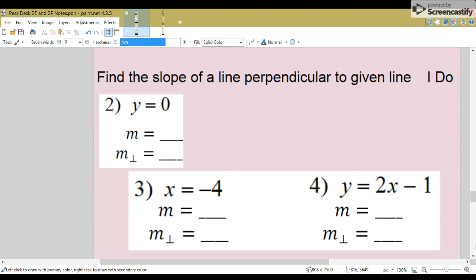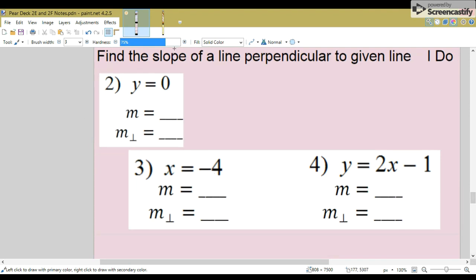Write this one down in your Pear Deck foldable. Find the slope of a line perpendicular to the given line. y equals 0. So you have a horizontal line, a 0 slope. A line perpendicular to that would be an undefined slope because it's a vertical line. That's not a function. x equals -4.